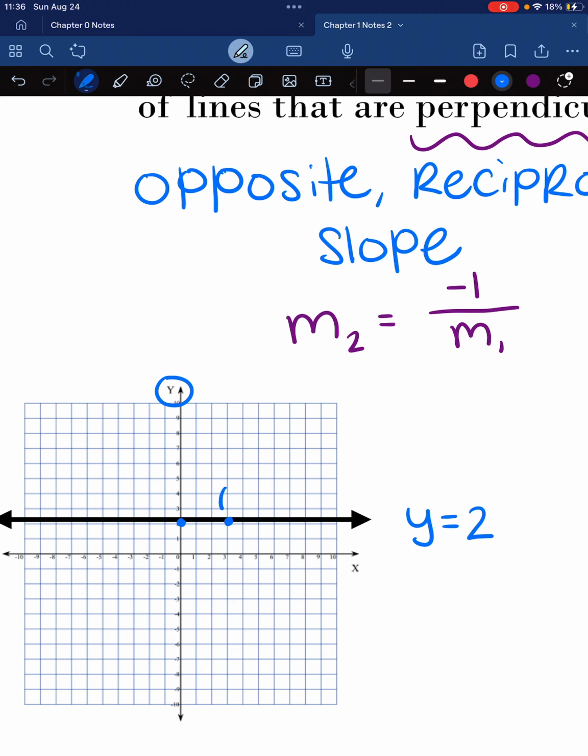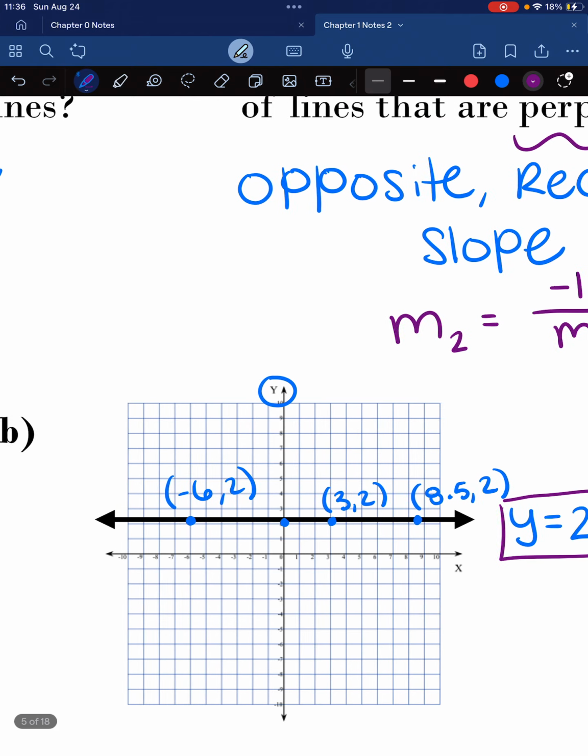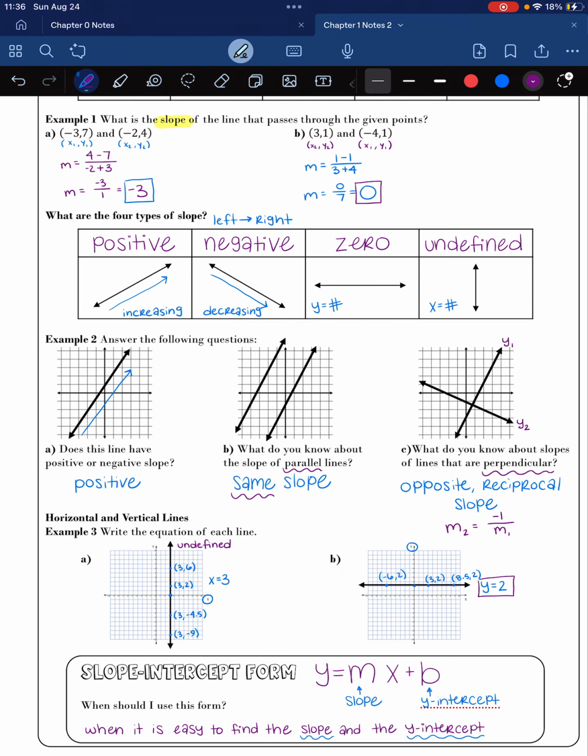For the same reason, because any single point is going to have the y value equal 2. Box that in so we see that's my answer. We can go ahead and box this guy in too.